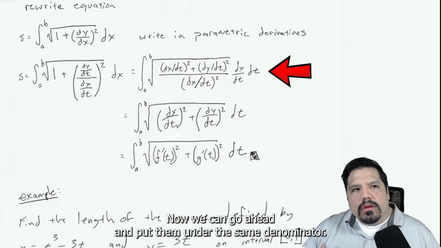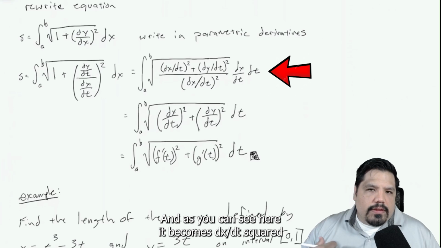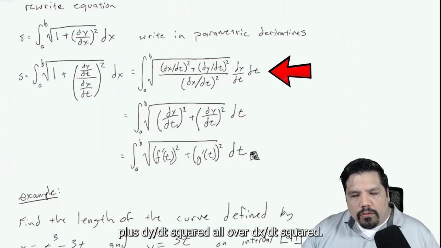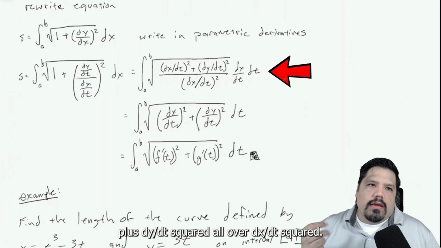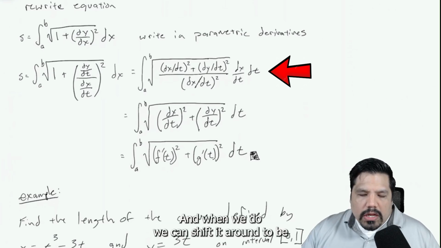Now we can put them under the same denominator, and as you can see here, it becomes (dx/dt) squared plus (dy/dt) squared all over (dx/dt) squared. Now we're going to multiply this by dt over dt, and when we do, we can shift it around.